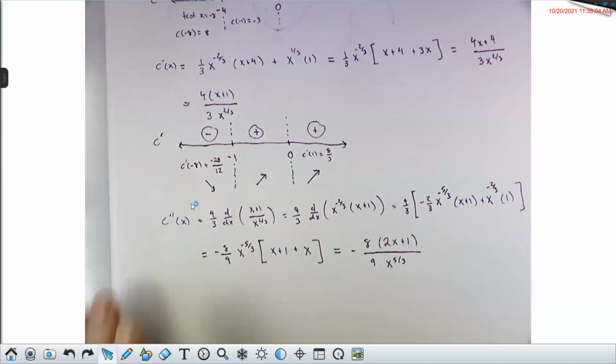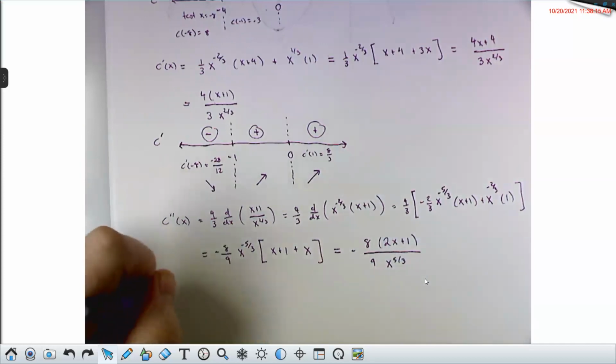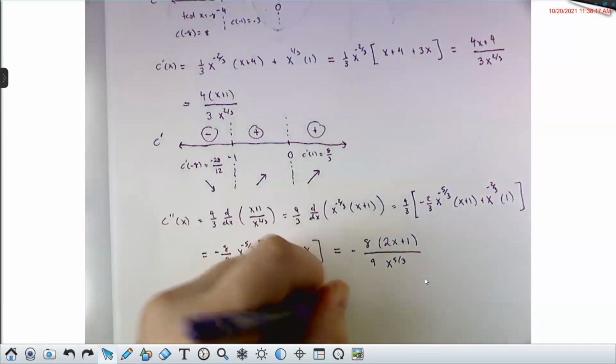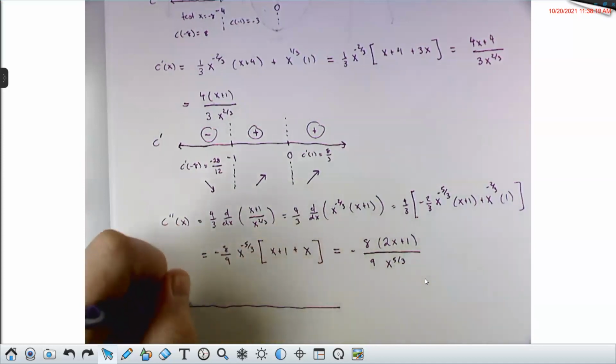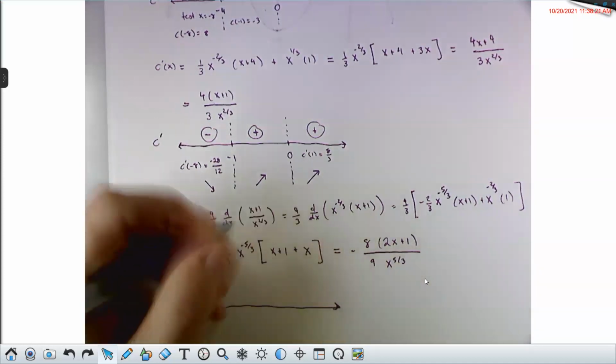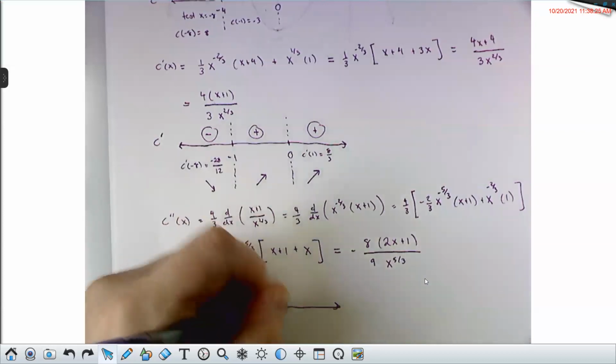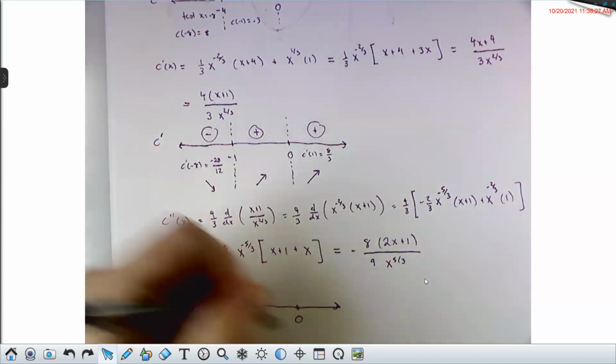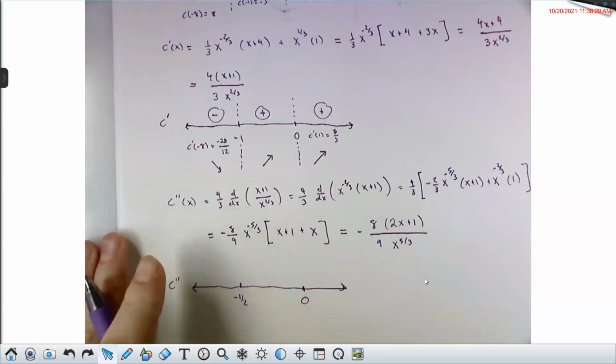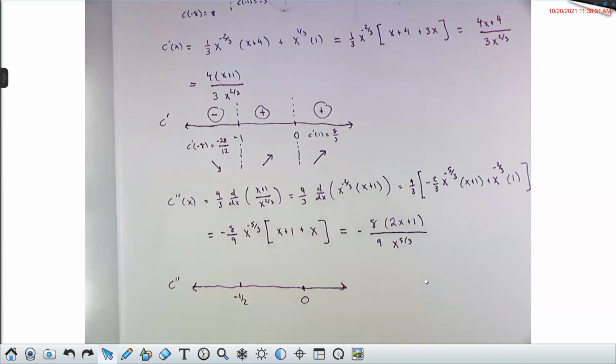So the second derivative is equal to 0 when x is negative 1/2, and the second derivative is undefined when x is equal to 0. So the numbers that go on the number line for my second derivative would be exactly those: negative 1/2 and 0. So you see, something interesting is definitely going on at 0 for this function.